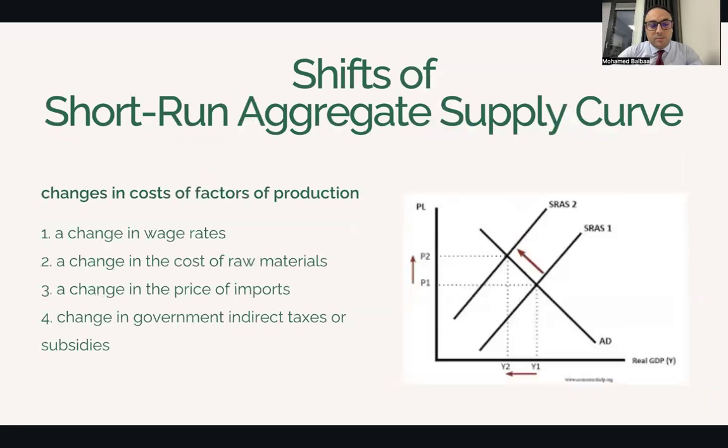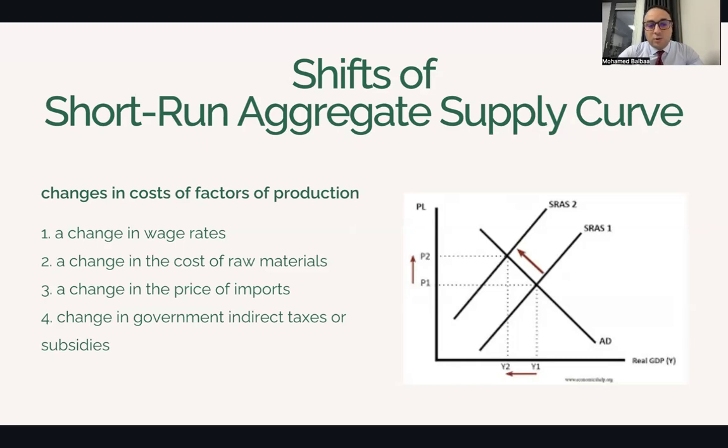What may cause the cost of factors of production or resources to change? Like the wage rates, for example. If the government makes a new law for minimum wage, this may suddenly increase the cost of production by increasing the cost of one of the factors of production, like labor wages.